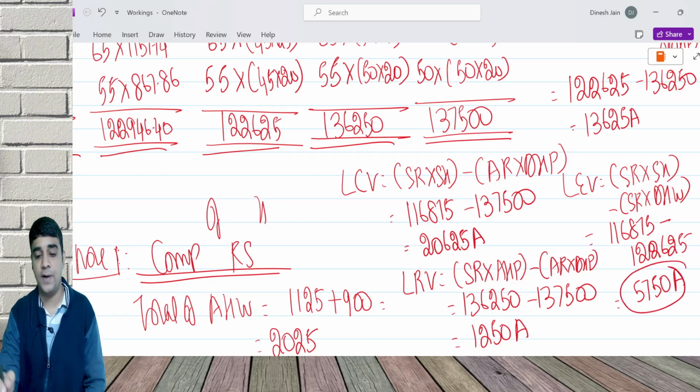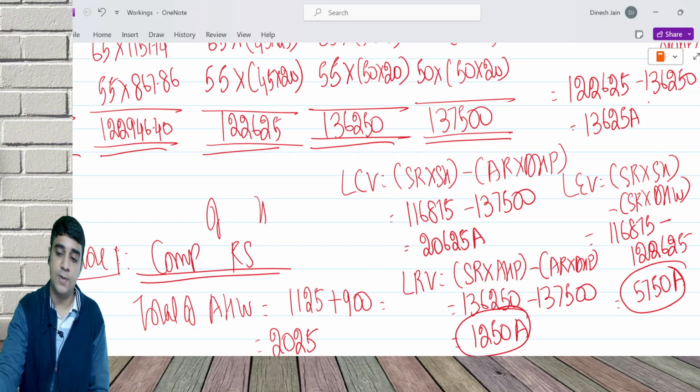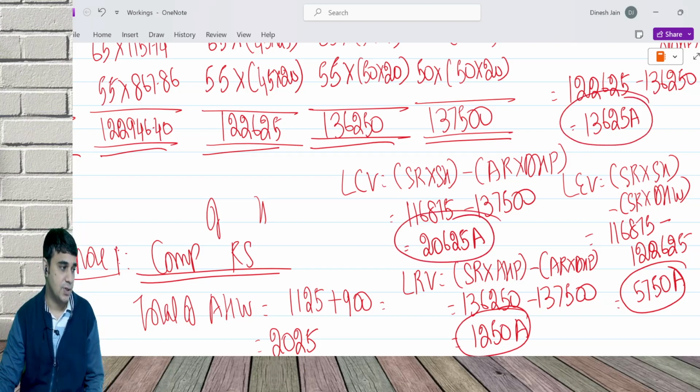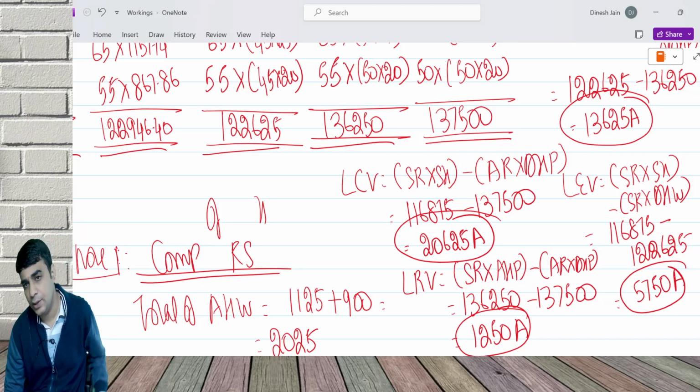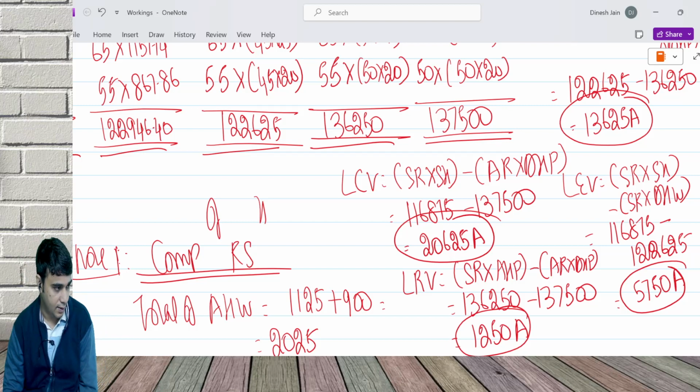Efficiency is 5750 adverse. Rate is 1250 adverse. Idle time is 13,625 adverse. Cost is 20,625 adverse. I've not calculated the mix and yield. You can calculate if you want. That's not needed in the question.